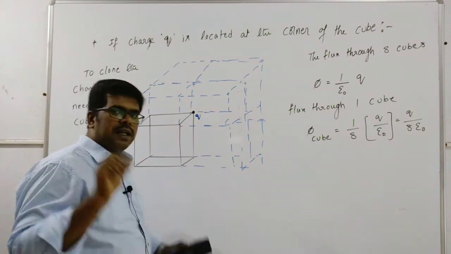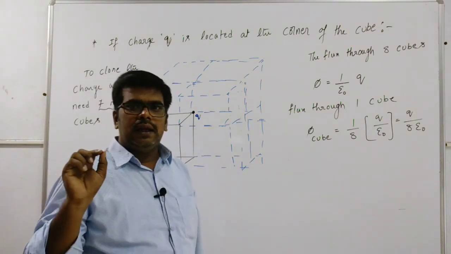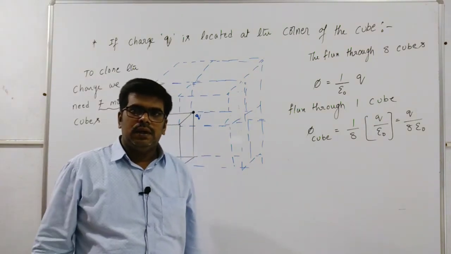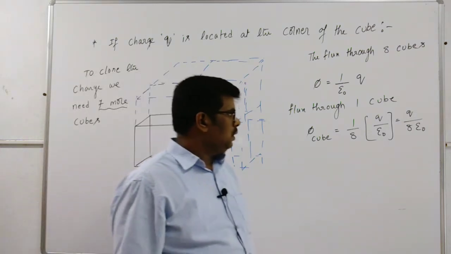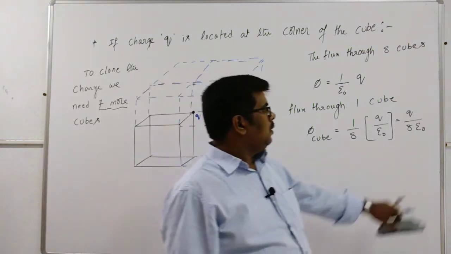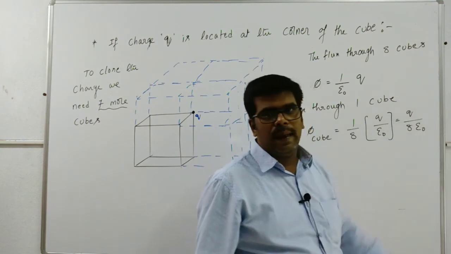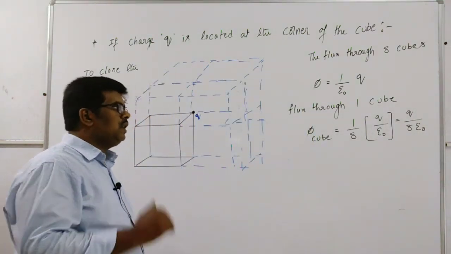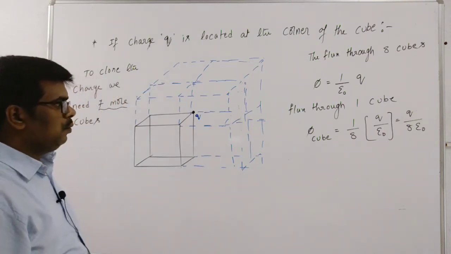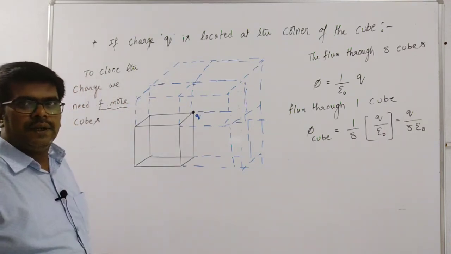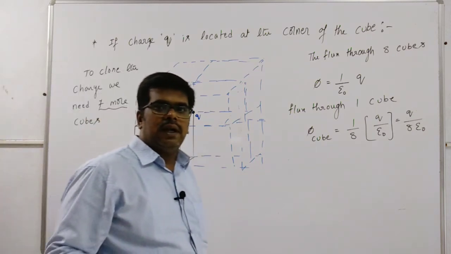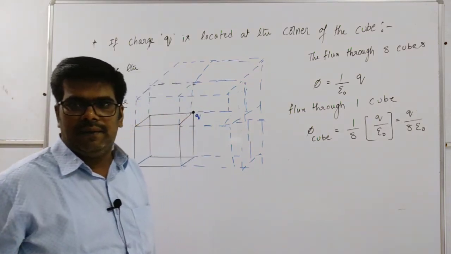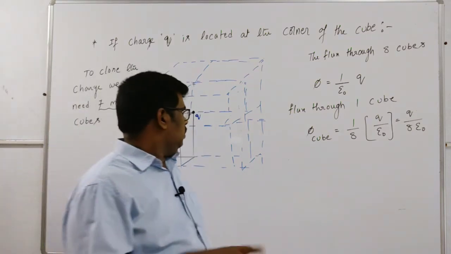So if a charge is located at the corner of the cube, the total flux through the one cube is q by 8 epsilon naught. And here we need one more thing: what is the flux through each face? I told you we should not consider the faces of the entire cube.